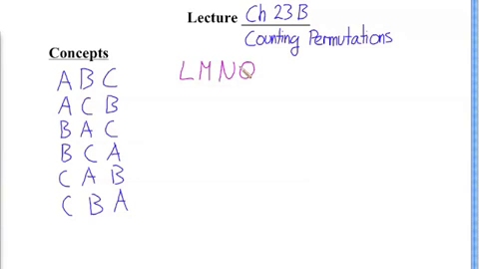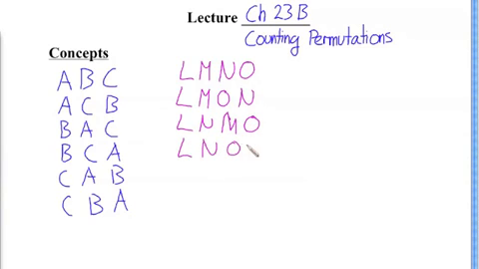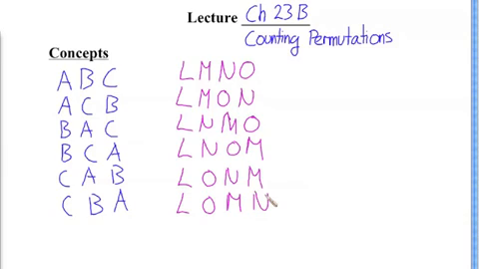Let's go through and list all the different permutations of L, M, N, and O. So I can have L, M, O, N, L, N, M, O, L, N, O, M, L, O, N, M, and so on.